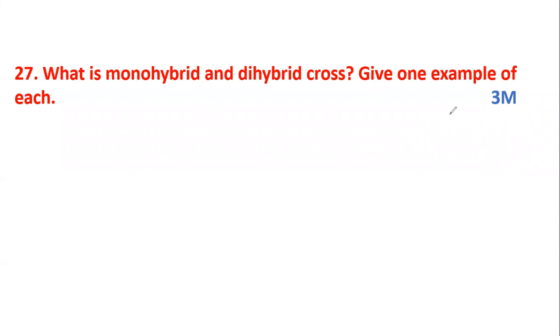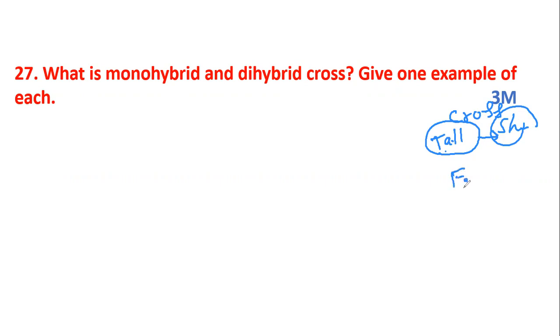First, what he had done was cross-pollination of all tall plants with all short plants. Here only one character, tall and short. This is the contrasting character, only a single character he had selected.